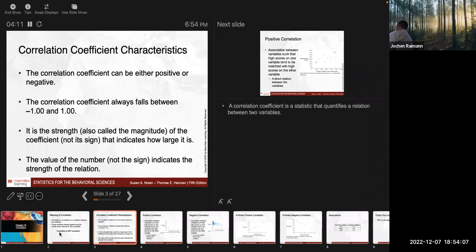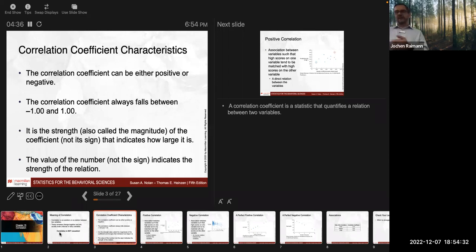Logic, right? Therefore, the correlation coefficient can be positive or negative. What's important to understand is that they have a maximum. They can be maximally plus 1, or minimally, numerically, but in terms of strength maximally, minus 1.